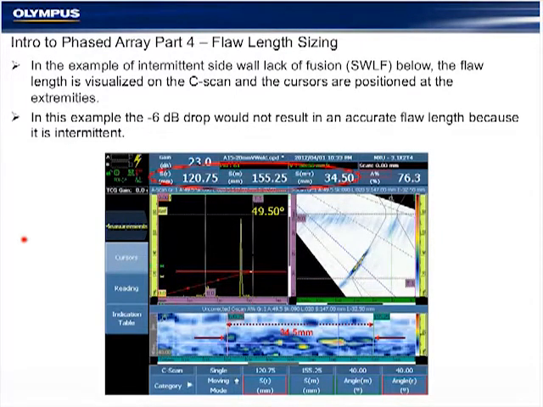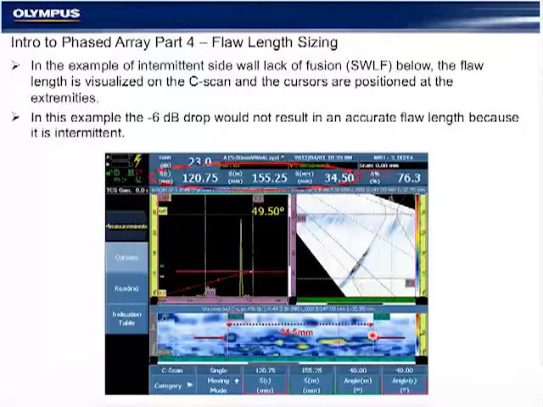Length sizing is our next topic, and length sizing is done by the operator on the C-scan or B-scan data. The operator physically places a cursor where he visually determines the scan axis start and stop position on the C-scan and B-scan data.